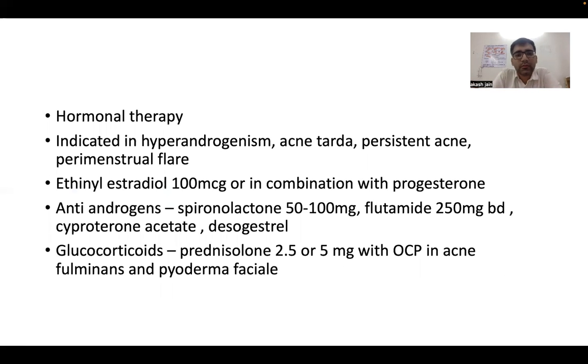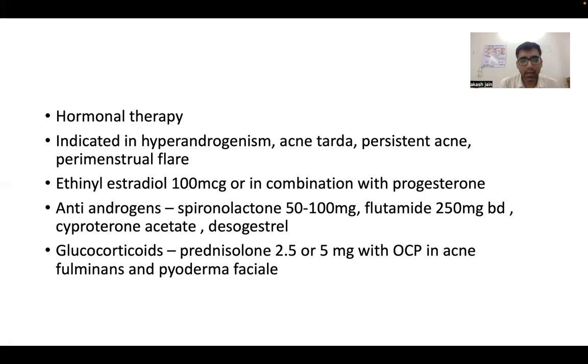Now, in patients with elevated levels of androgens, patients should be started on hormonal therapy. It is indicated in hyperandrogenism, acne tarda, that is adult onset acne in those more than 35 years, persistent acne, and perimenstrual flare. Ethinyl estradiol 100 microgram, or in combination with progesterone, commonly seen as oral contraceptive pills, tablet Diane 35.